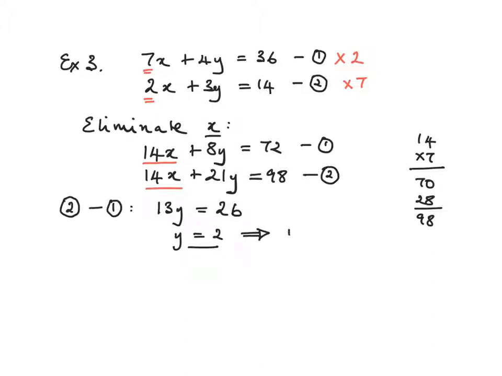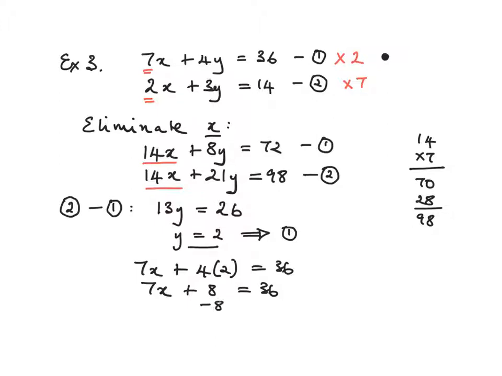I'm going to substitute that back into equation 1. Now I think I'll use this equation 1 here. That's the first of the two equations. So 7 times x plus 4 times y, 4 times 2 equals 36. 7x plus 8.